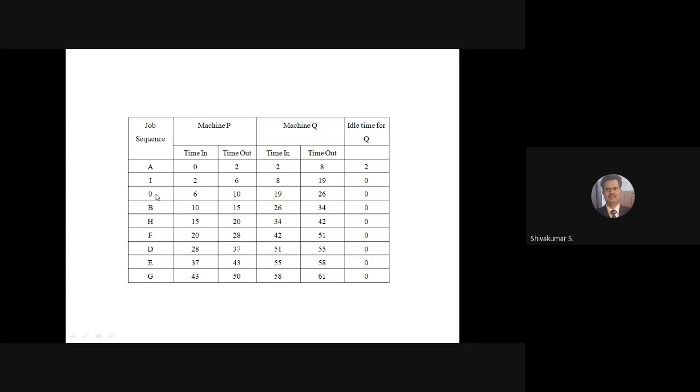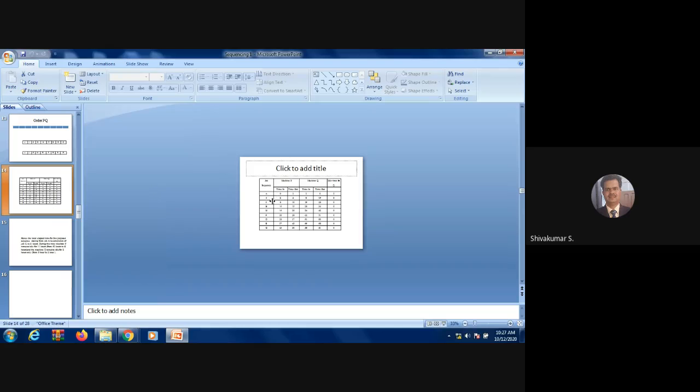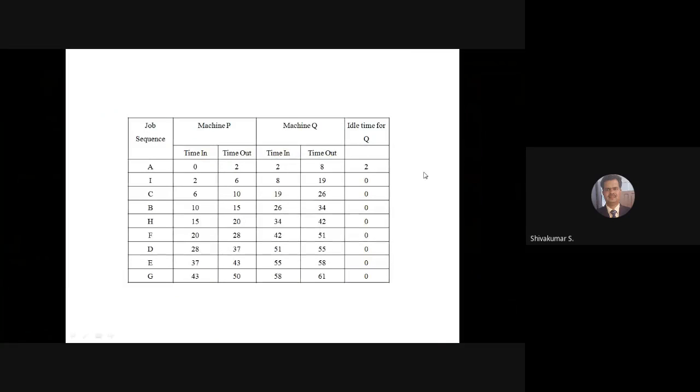Write the job sequence, 9 jobs, 9 rows. You have 2 machines, machine P and machine Q. Time in, time out.